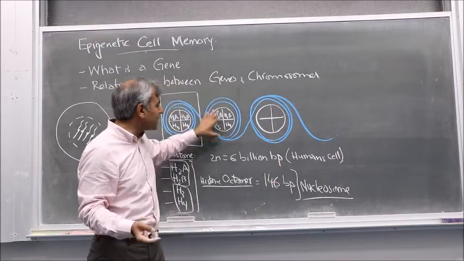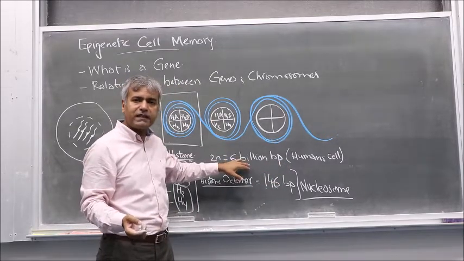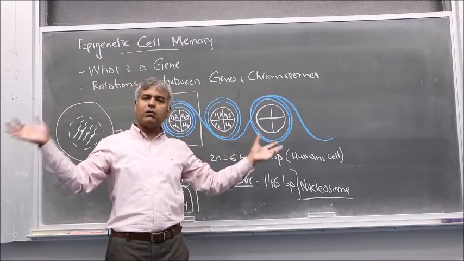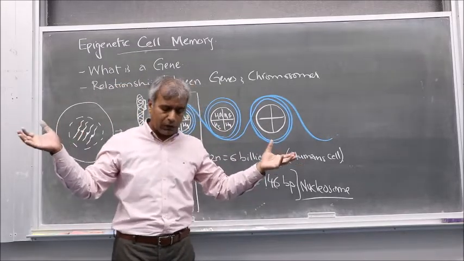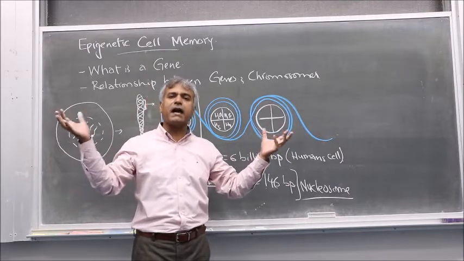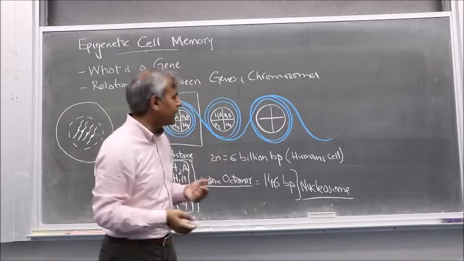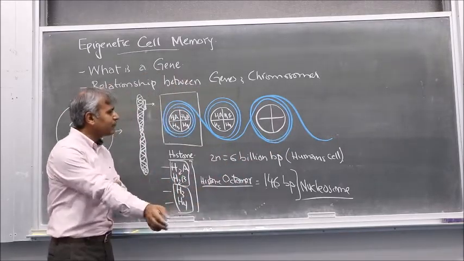It will not be precisely 6 billion divided by 146, because it depends on the chromosome structure, loosely packed and tightly packed. I'm referring to heterochromatin and euchromatin here.